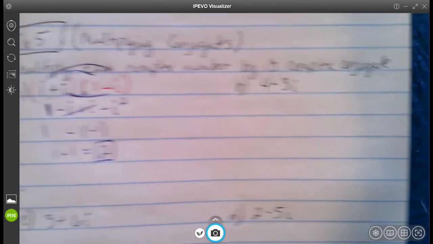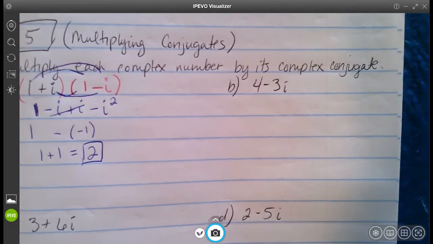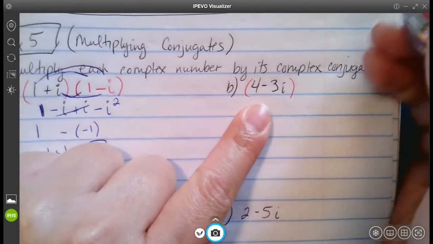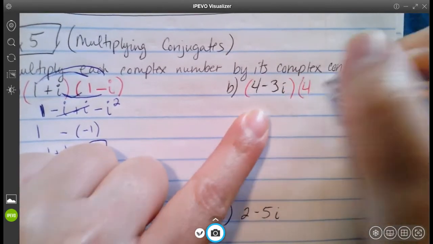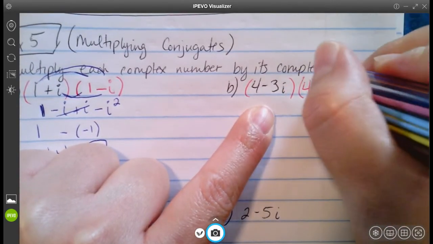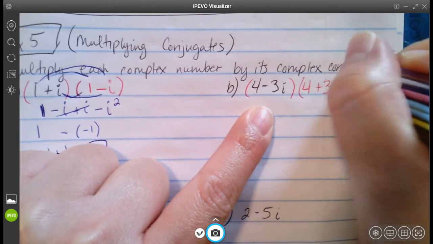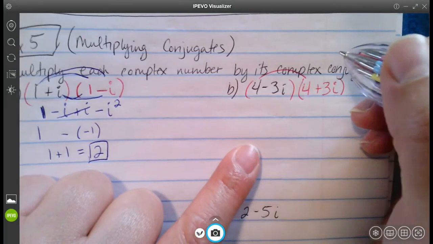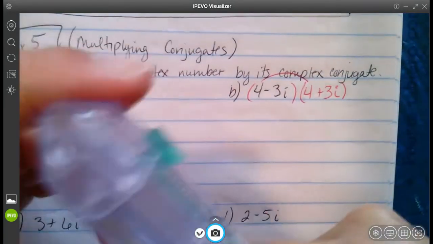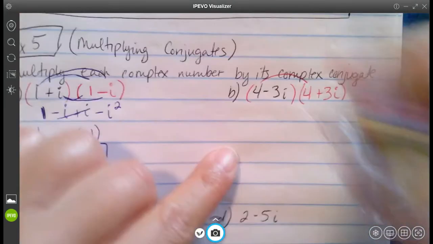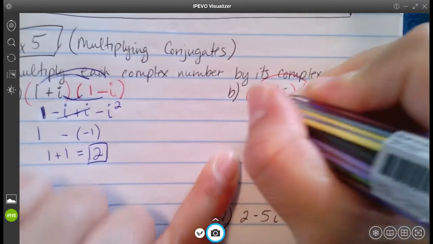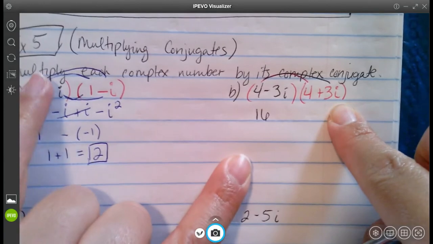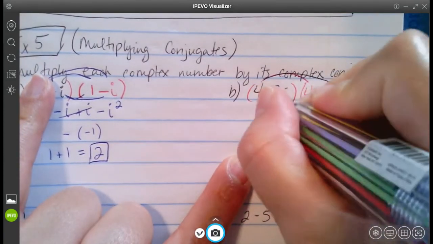Okay, next one. We're going to multiply this one by its complex conjugate. So same as before, we take the same real, so 4, and then change the imaginary, so plus 3i. Okay, and perform the FOIL operation. So 4 times 4 is going to give us 16. 4 times 3i is going to give us 12i.